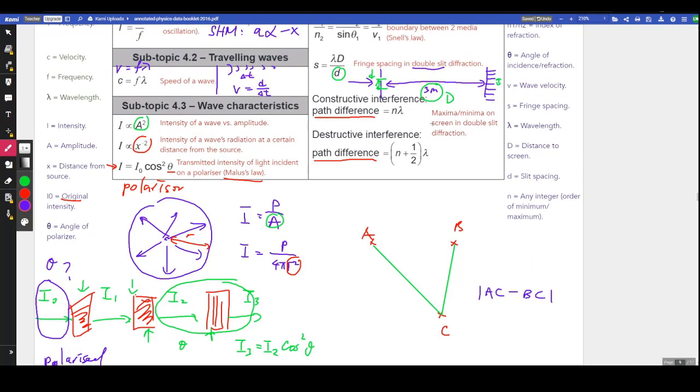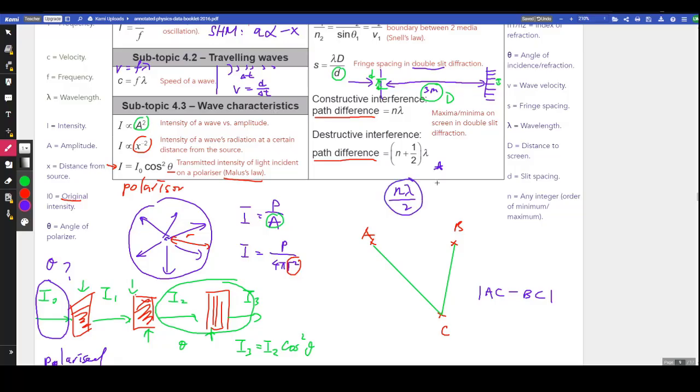And so I'm sure you should know how to use this equation. Just to remind you, one misconception or mistake that people usually make is for destructive interference, some people may use n lambda over 2 instead. If you refer to this equation in the data booklet, you wouldn't make such a mistake, okay?